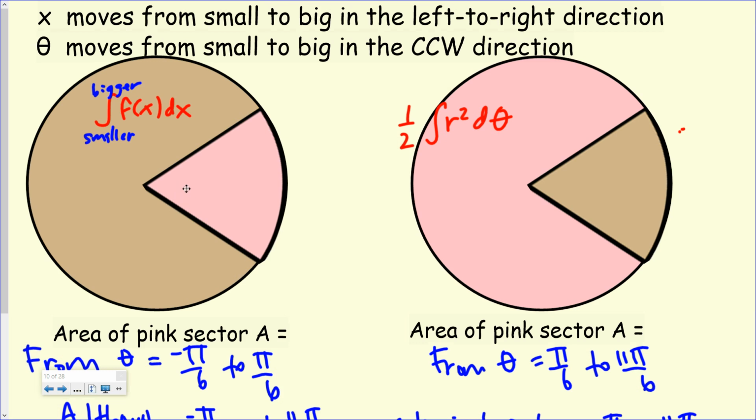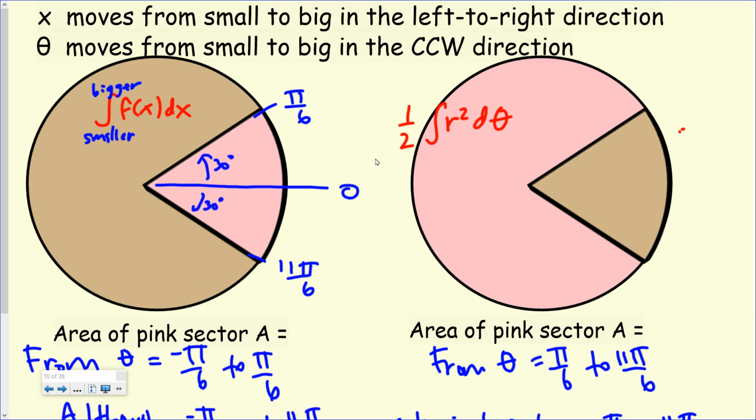On a circle, it's even more important because if you think about how a circle acts, this is like 0 here. If I wanted the area of this pink region, and I told you that this was pi over 6, and I told you that this was 11 pi over 6, do you agree that this is 30 degrees this way and 30 degrees this way?